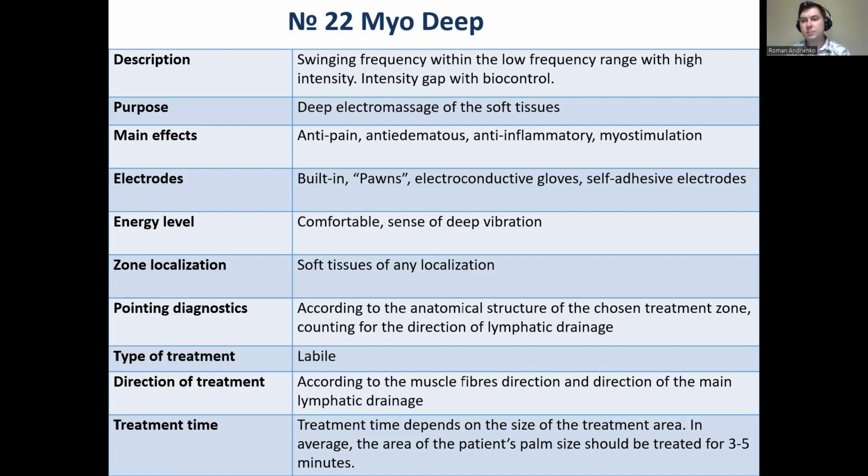We're choosing comfortable or discomfort level of energy. Again, we're using labile electrode of any kind. We are moving according to the direction of the muscle fibers, and the treatment time depends on the size, but approximately 3 to 5 minutes per one palm size area.